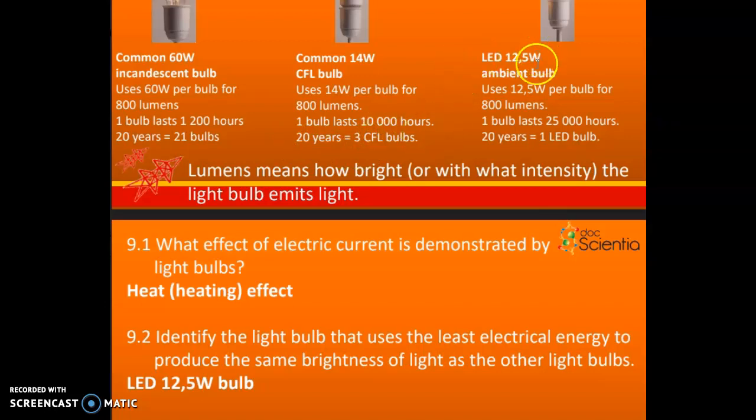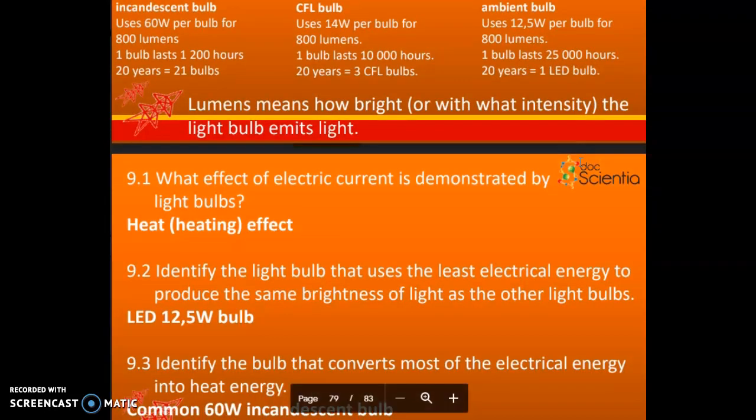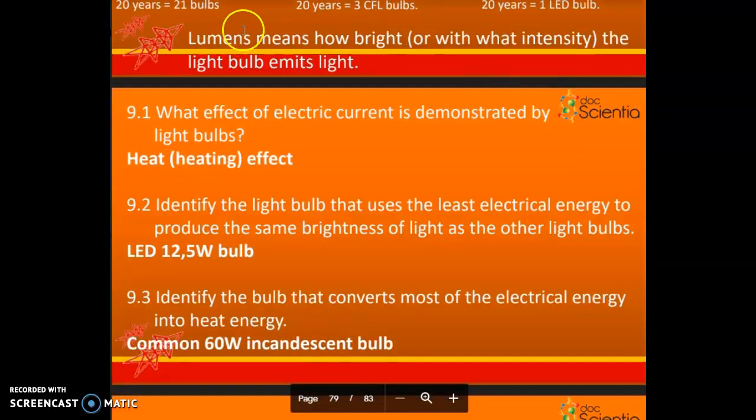The LED 5 watt ambient bulb uses 12.5 volts per bulb for 800 lumens. One bulb will last 25,000 hours. So in 20 years, you will use one LED bulb. Lumens means how bright, with what intensity the light bulb emits light, how bright it shines.